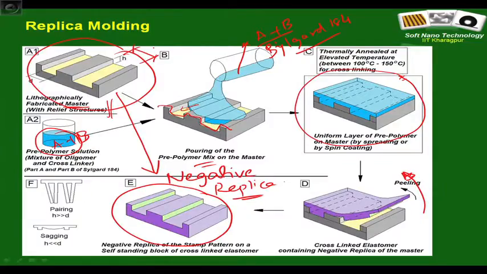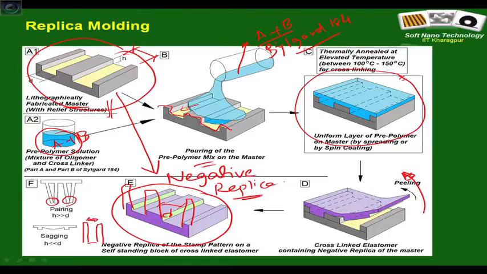There are certain issues because this material is soft. If one tries to make very tall structures, and particularly if they are very narrow, if the periodicity or the line width is very, very small, they might pair up, they might join up. And why do they join up? Well, you have two tall structures which are flexible, which are very close to each other.